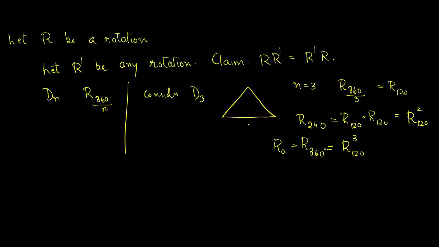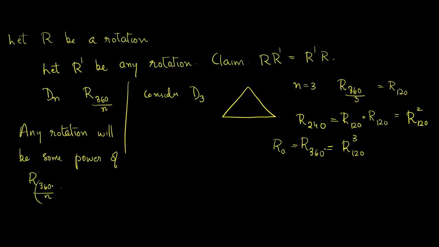This example I have taken just for you to understand, but in general in Dn, any rotation will be some power of R 360 divided by n.